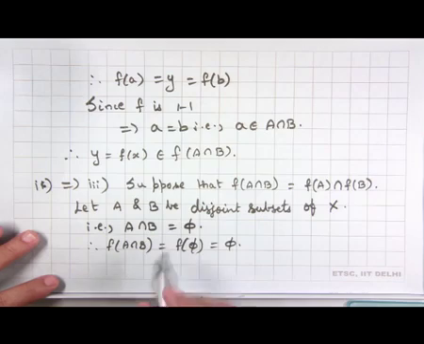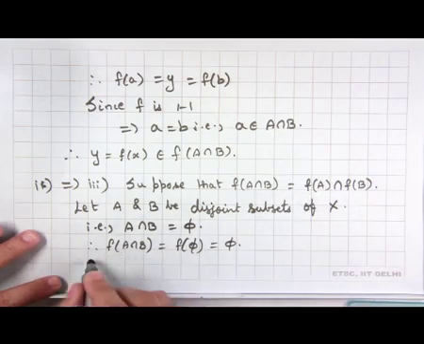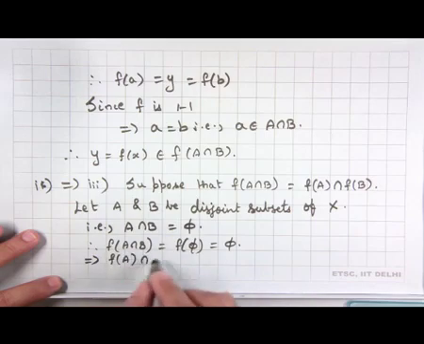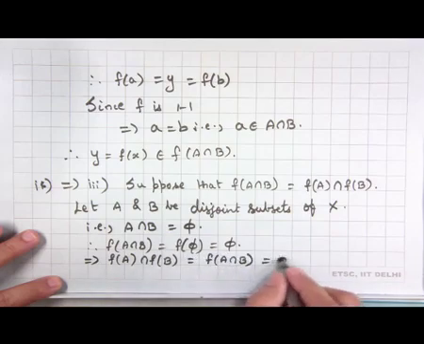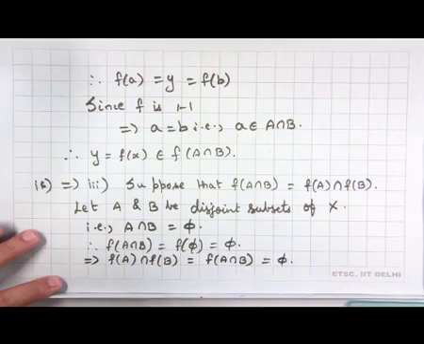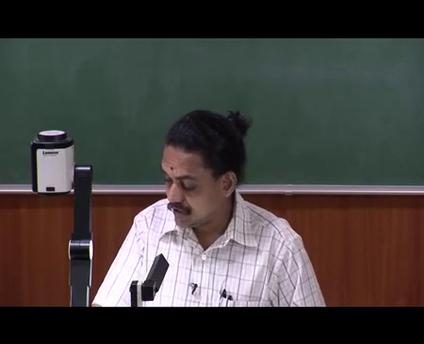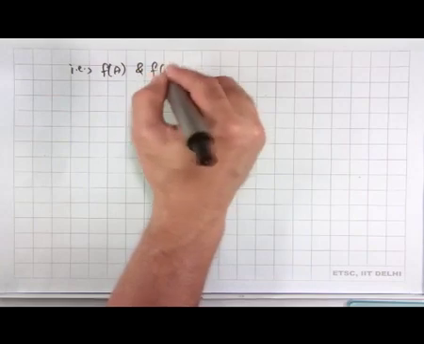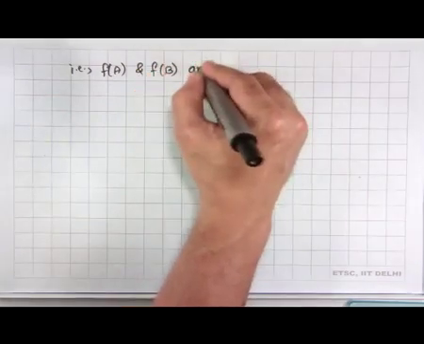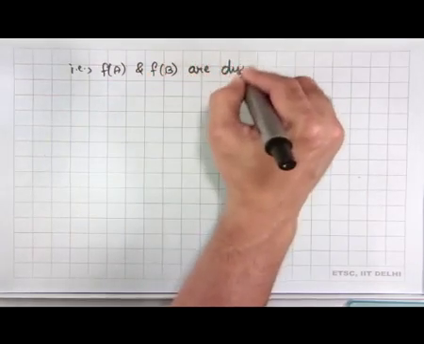But by our assumption, f of A intersection B is f of A intersection f of B, which is empty. That is, what we have shown is that f of A and f of B, these two sets are disjoint.